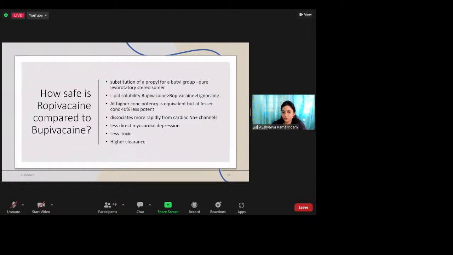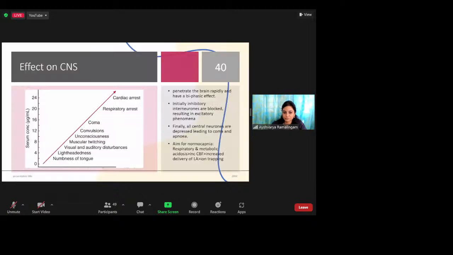At higher concentrations, the potency is equivalent, but at lesser concentrations it is usually 40% less potent than bupivacaine. It dissociates more rapidly from the cardiac sodium channels, and hence it is less cardiotoxic. There is less myocardial depression, and it has higher clearance, and all these contribute to less cardiotoxicity compared to bupivacaine.